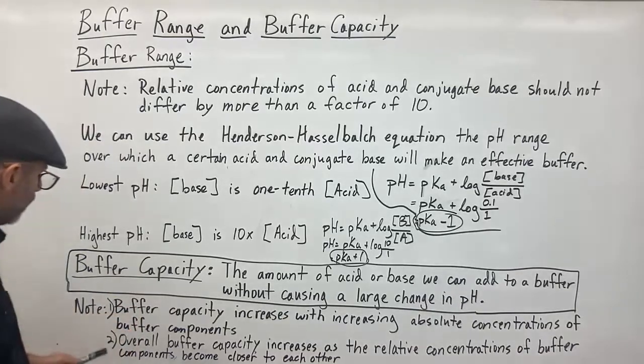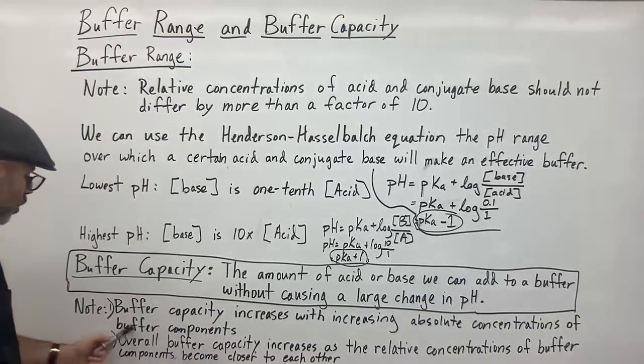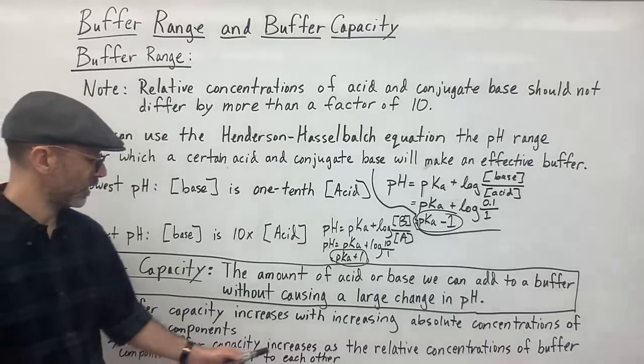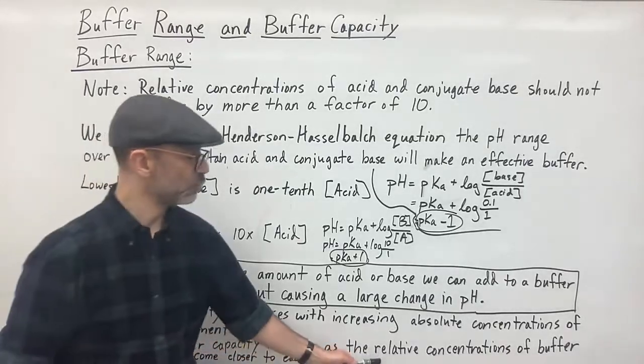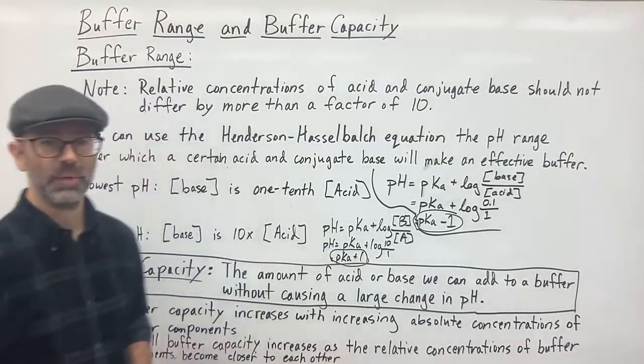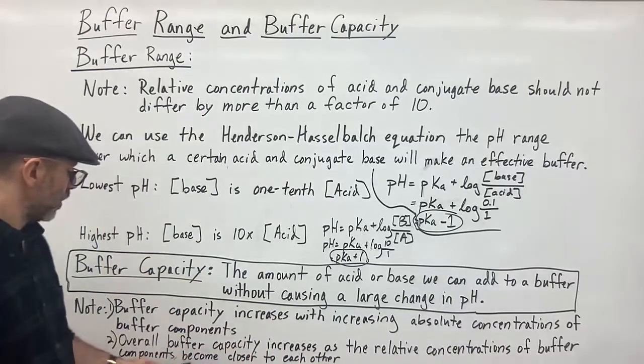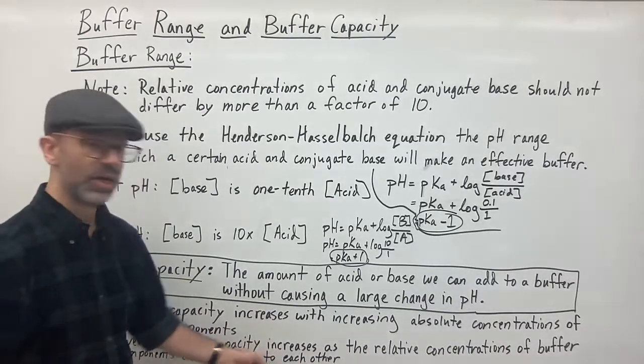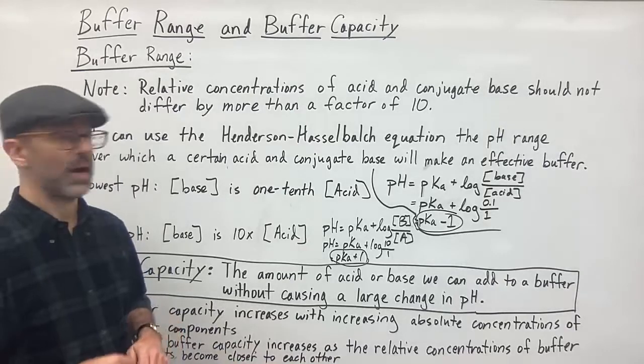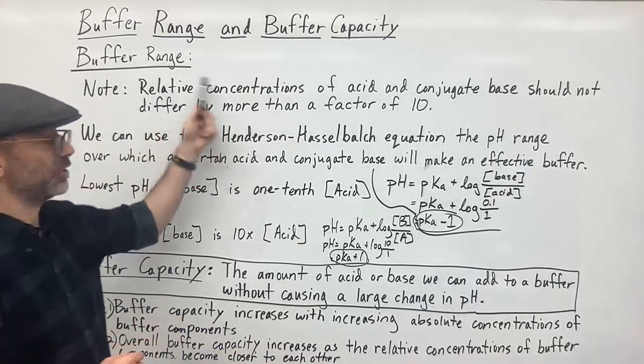The other thing to note is that the overall buffer capacity increases as the relative concentrations of the buffer components become closer to each other. So that's talking about, remember, the relative concentrations.